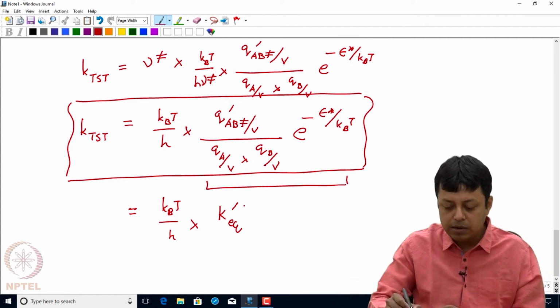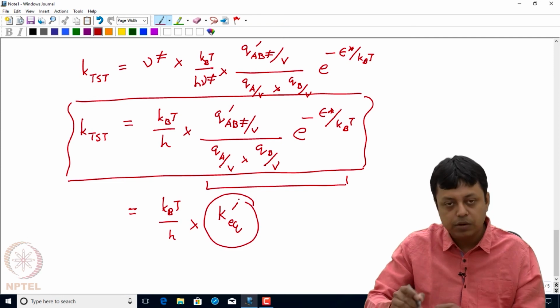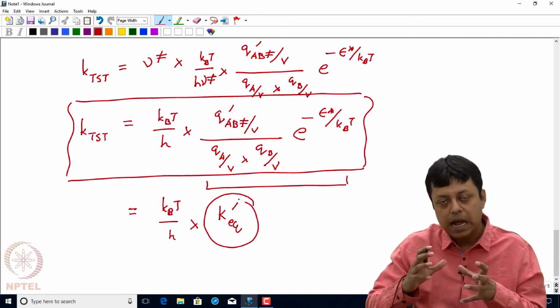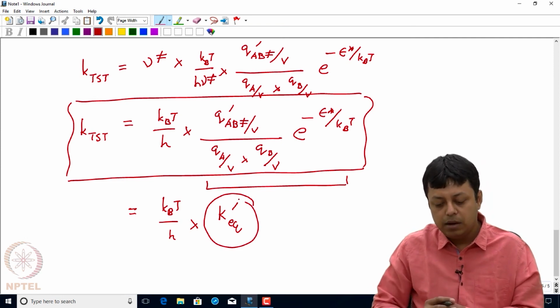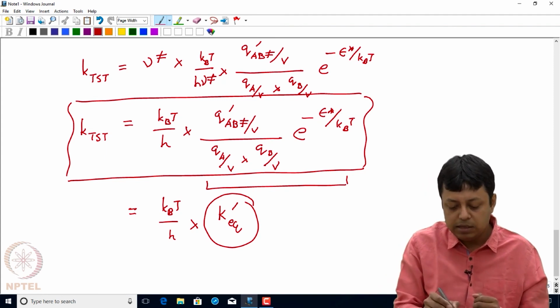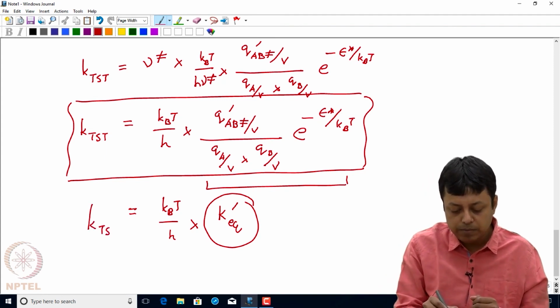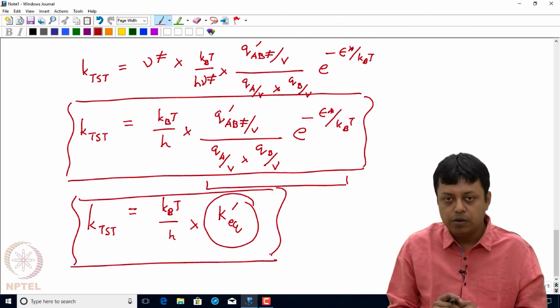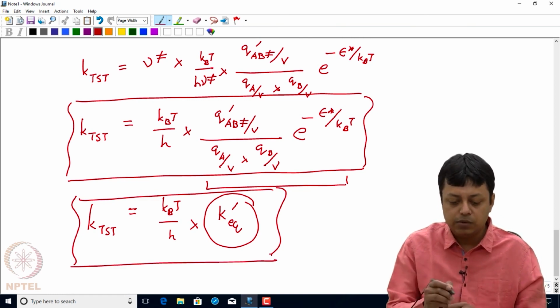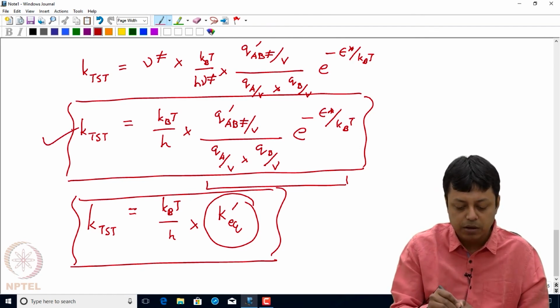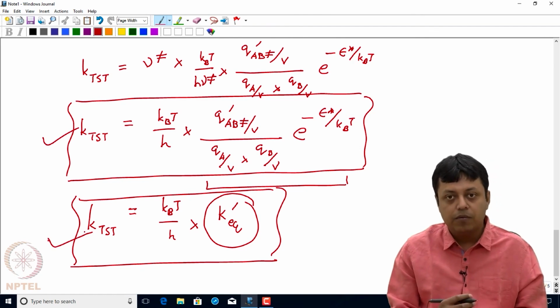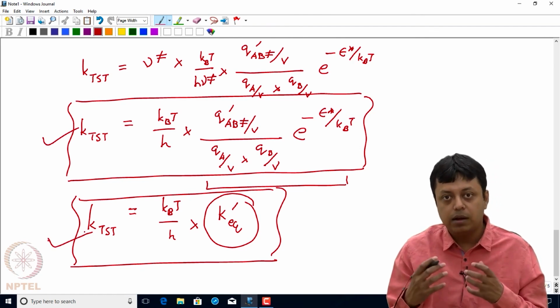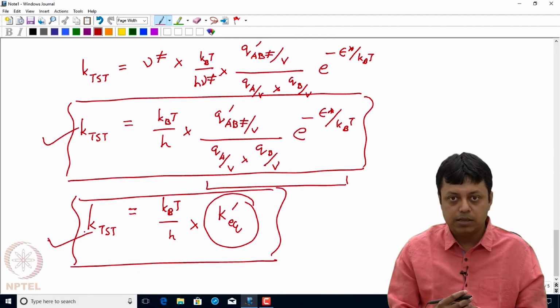But this equilibrium is a special equilibrium. It basically does not have one particular degree of freedom. Now this expression will also be useful for discussing some important factor, which we will see soon. First we will see what the expression for the transition state theory is for a bimolecular reaction where the molecules are structureless.